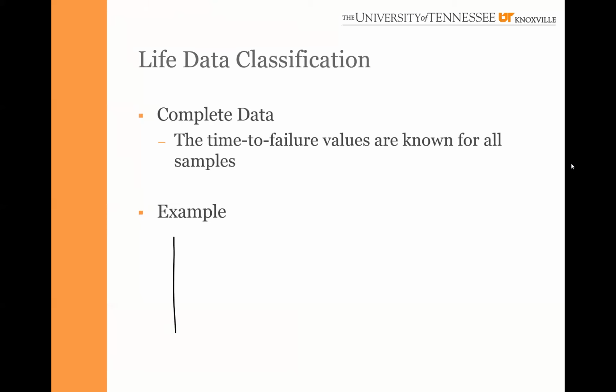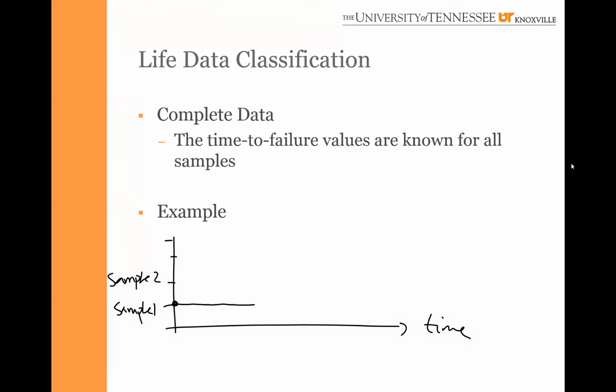So let's say this is time, and I have sample 1, sample 2, and so on. Remember, we are interested in time to failure. Let's say I start my first component to run, and I run it until it fails.